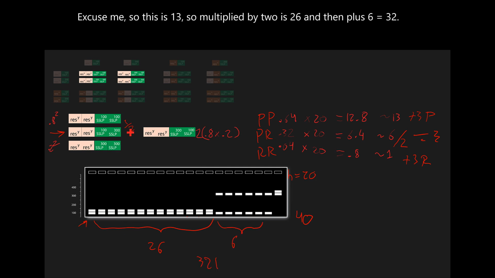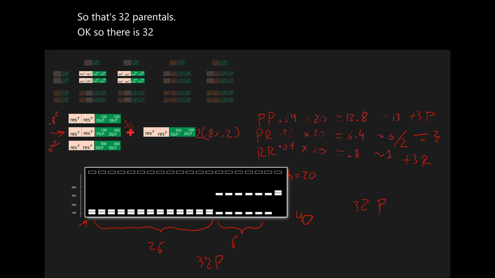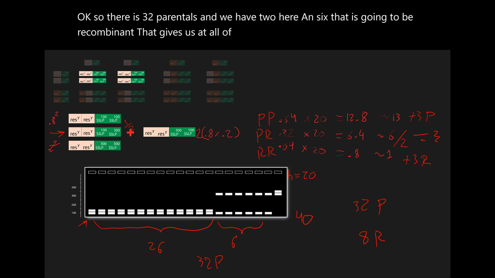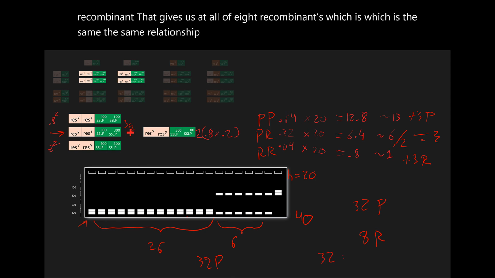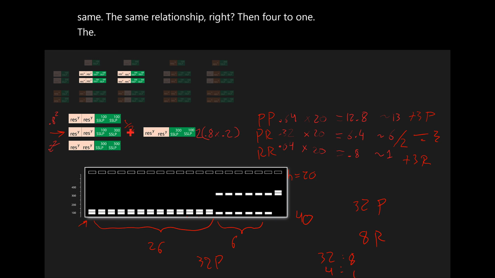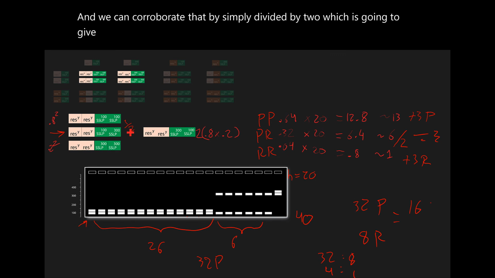So that's 32 parentals. And we have 2 here and 6 that are going to be recombinant, which gives us a total of 8 recombinants, which is the same relationship, right? As 4:1. And we can corroborate that by simply dividing by 2, which gives us 16 parentals and 4 recombinants, which is what we obtained previously.